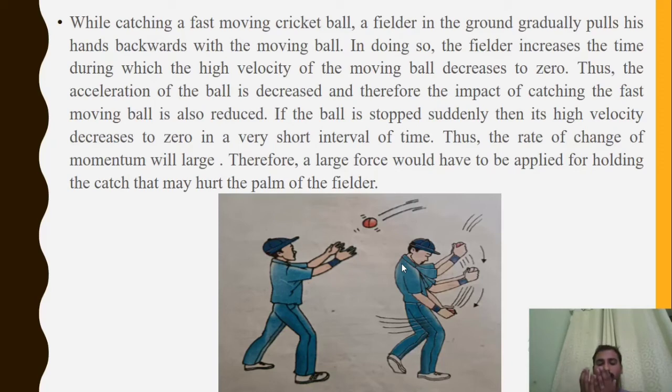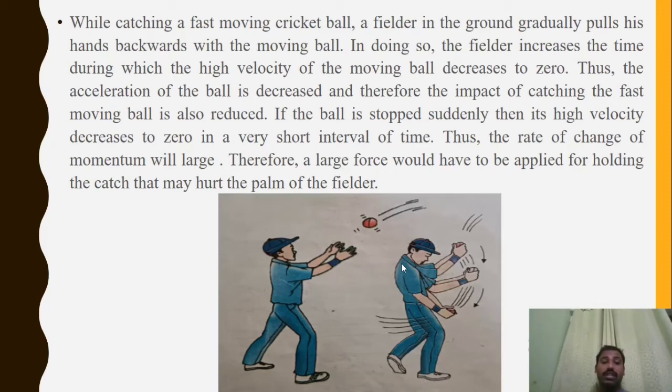will affect his palm or his fingers. It will hurt the palm of the fielder because the rate of change of momentum will be very large. If he is trying to stop the ball suddenly, then the velocity decreases to zero in a very short period of time, that is, the ball will come to rest in a very short period of time.